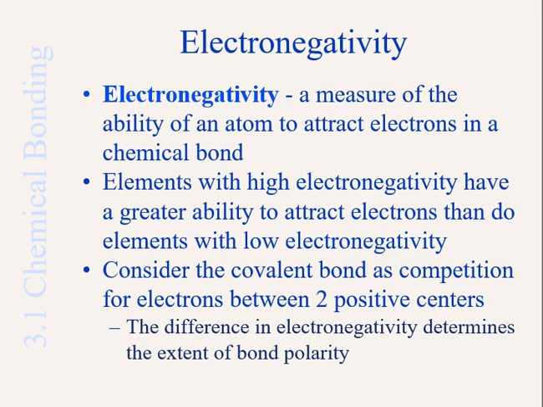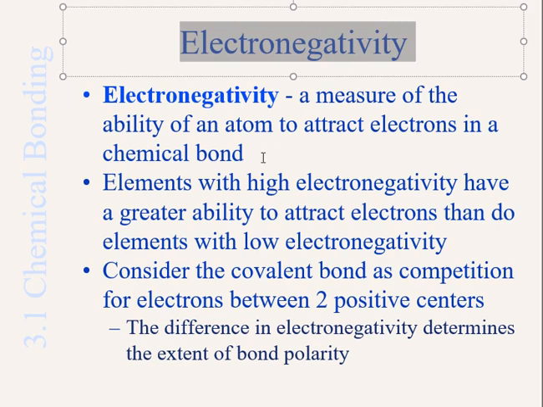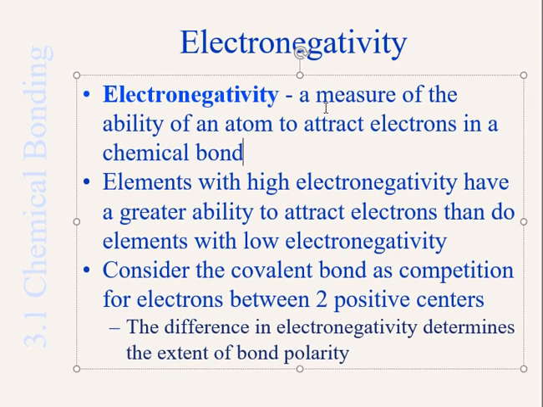And there is a measure of how much of a polar covalent bond a bond will be, and that measure is electronegativity. Electronegativity is a measure of the ability of an atom to attract electrons in a chemical bond.